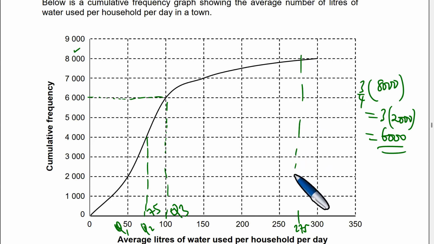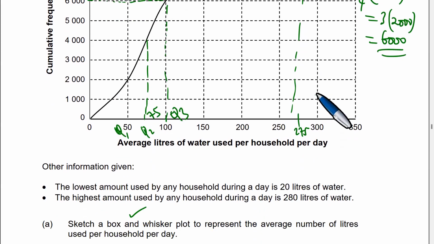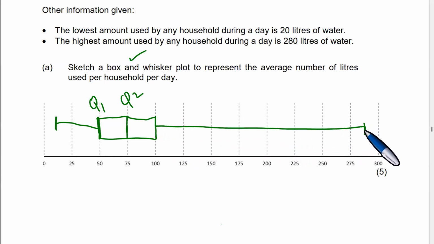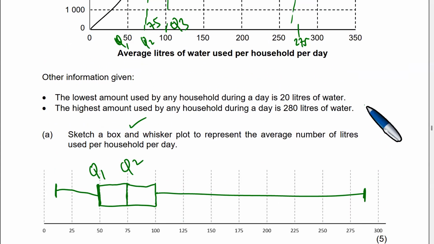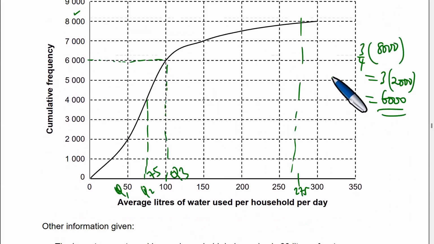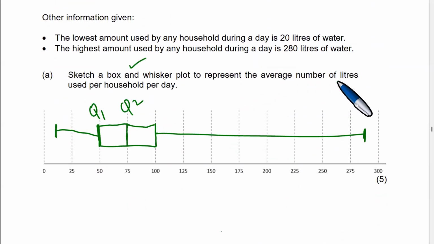If you look at 275 there, it's going to be larger than that. This is still continuing, so it's somewhere there, up to about 300 there.